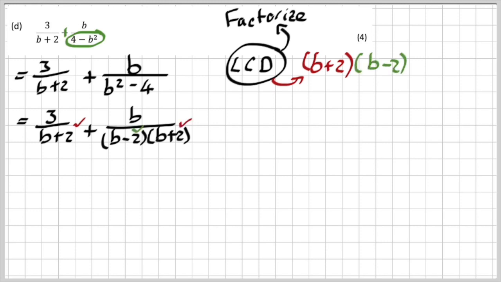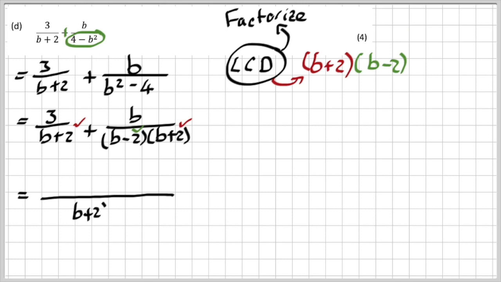You'll see I make little tick marks, because if I've got one b plus 2, it means I've sorted both of those b plus 2s in the first term and in the second term out. I need a b minus 2. That's why I've got the green little tick mark above the b minus 2. And there, ladies and gents, you've got your LCD.